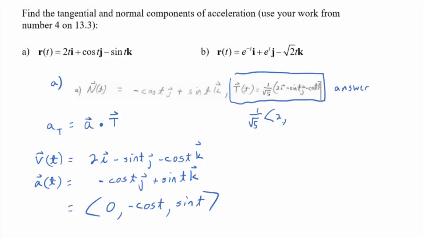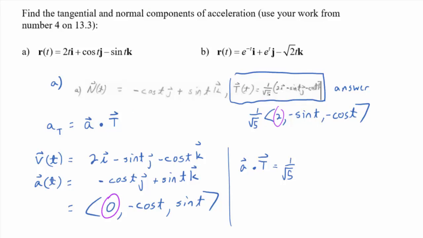So the components are 2, negative sine t, and negative cosine t, if I can read my own handwriting. So the idea then is to take, don't forget, to leave the 1 over rad 5 out front, and then take the dot product of these two vectors. So this guy times this guy, 0.